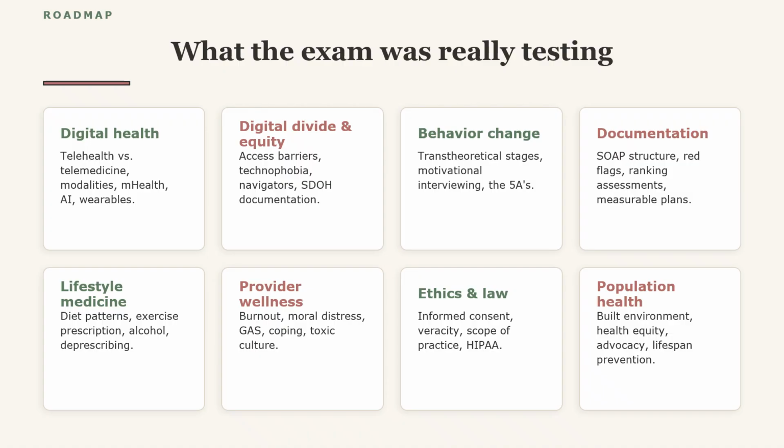Digital health definitions and boundaries, so telehealth versus telemedicine. The 3 delivery modalities, mHealth tools, wearables, and AI clinician support. Digital divide and equity, so who lacks access, why, and what the nurse practitioner does about it, including the barriers and how to document them.